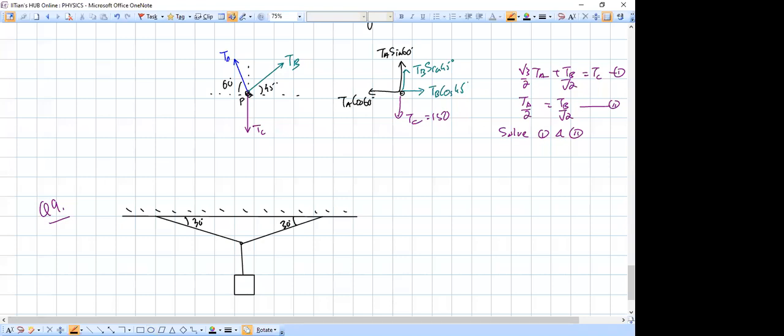This time these two tensions TA and TB will become equal. So you can see TC will be equal to the weight, and you have this kind of situation.